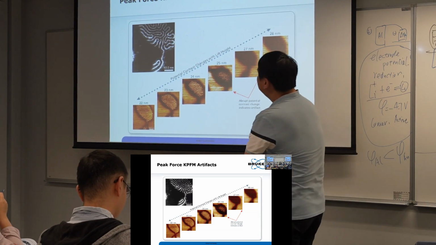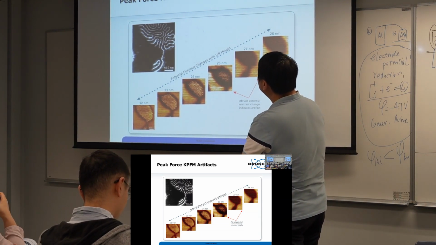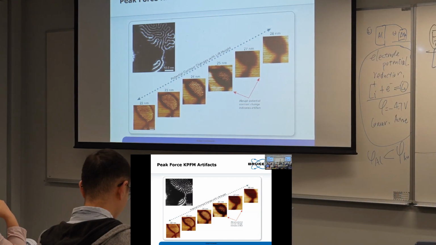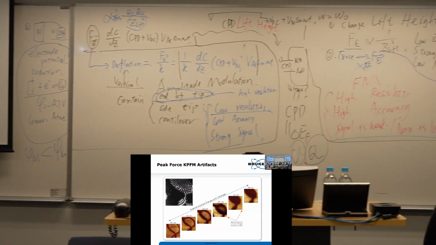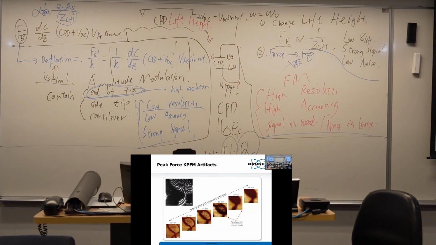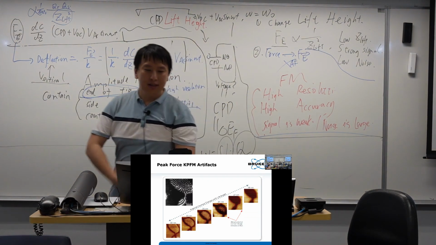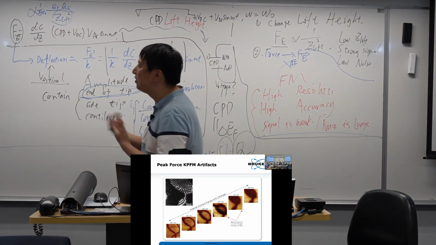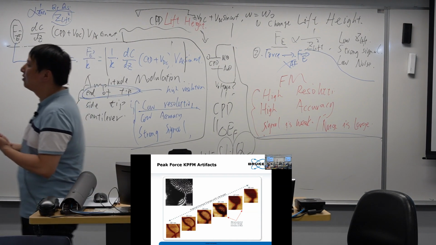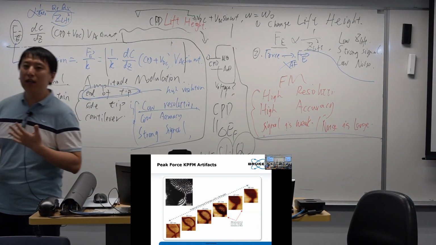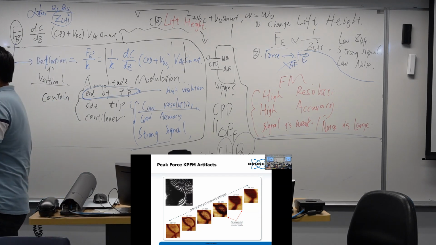So Bruker usually will use a lift height around 30 nanometers. Below 30 nanometers, it will be suspicious. But currently, some researchers just want to use the KPFM as a way to distinguish their samples.